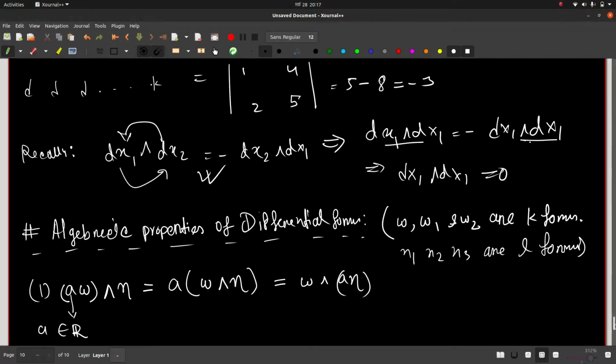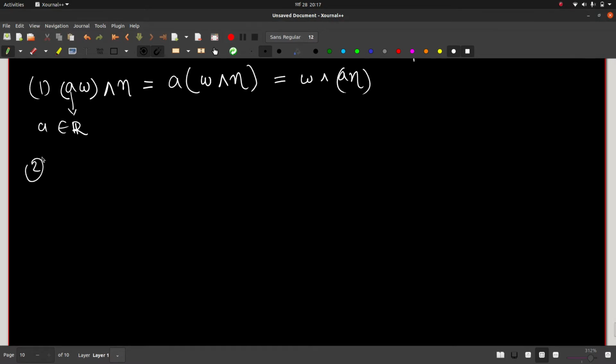The second one is a linear property: omega 1 plus omega 2 wedged with eta would be simply equal to omega 1 wedged with eta plus omega 2 wedged with eta.